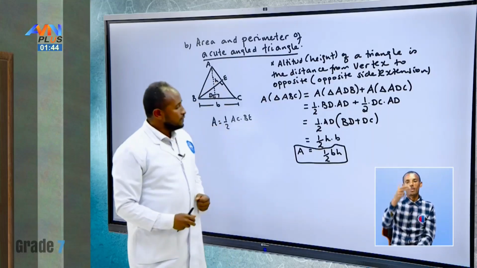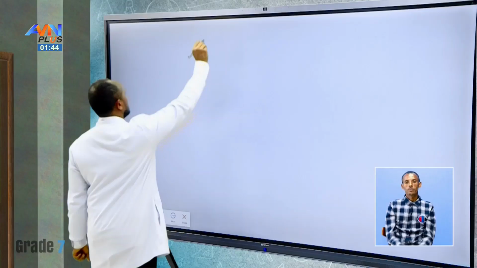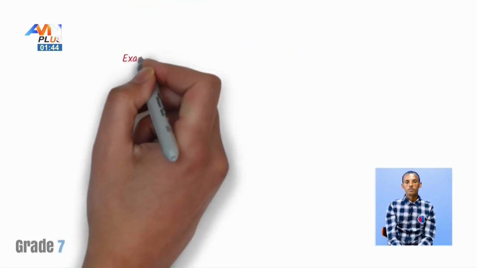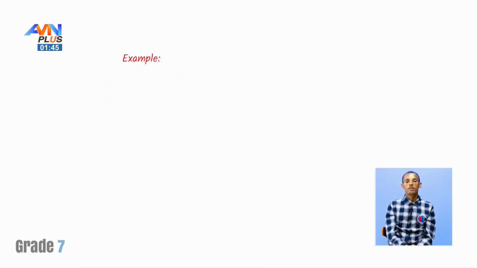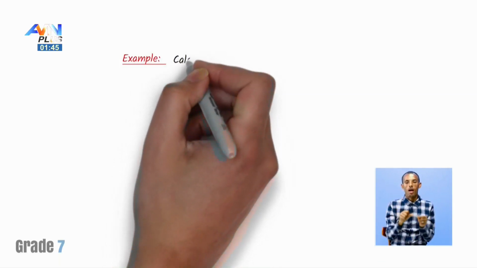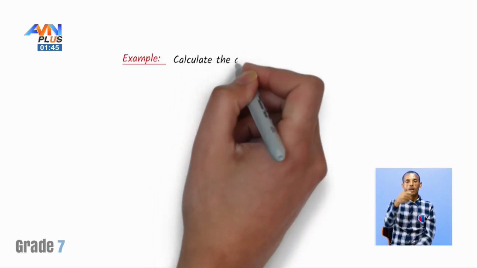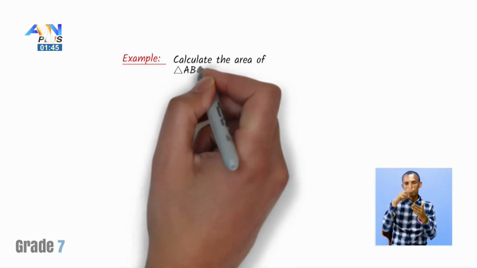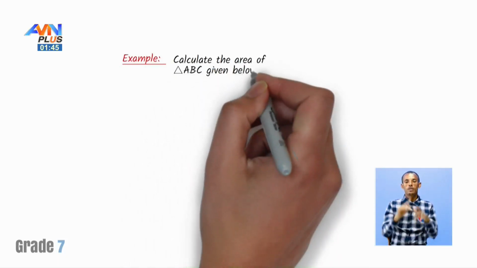So I'll give you an example for this one. Example: calculate the area of triangle ABC given below. Triangle ABC is given here.